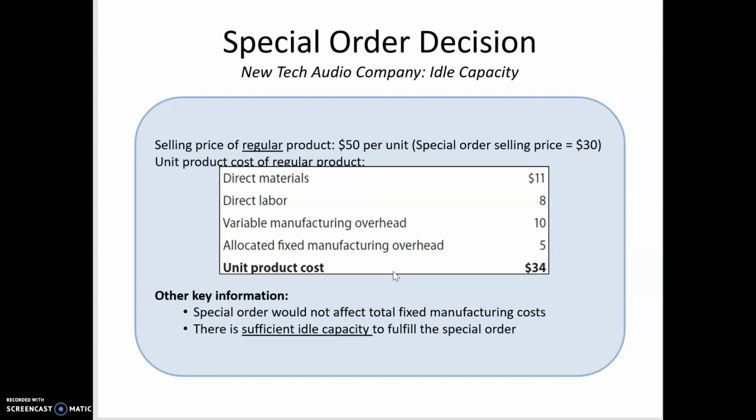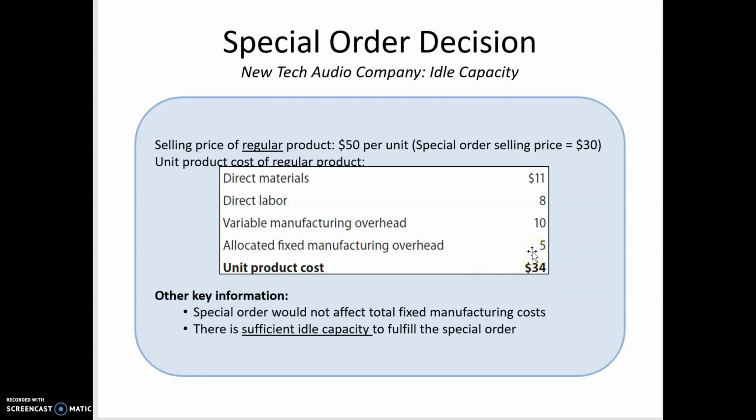However, they tell us that the special order would not affect the total fixed manufacturing costs, and there is excess capacity. So these fixed manufacturing overhead costs are incurred whether we accept the special order or we don't, right? These are the costs that are being allocated to our department. Since we're going to incur these costs whether or not we take the special order, these are not relevant.